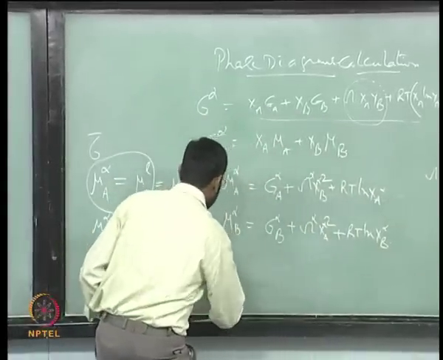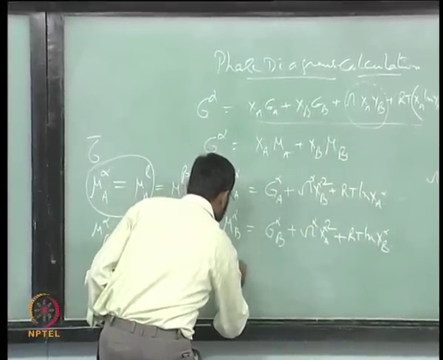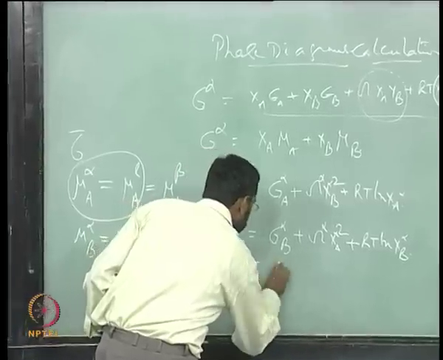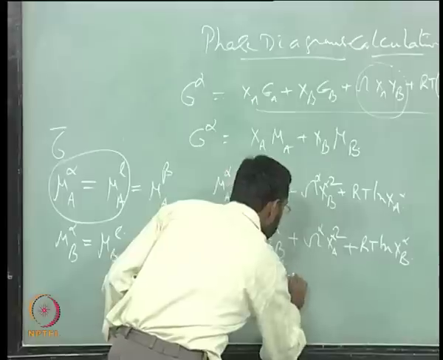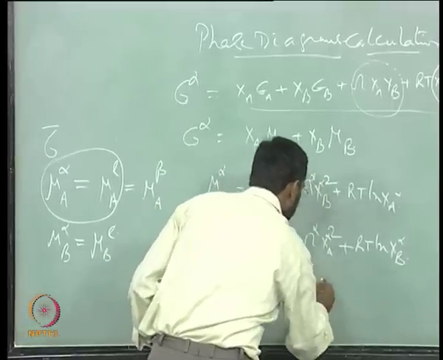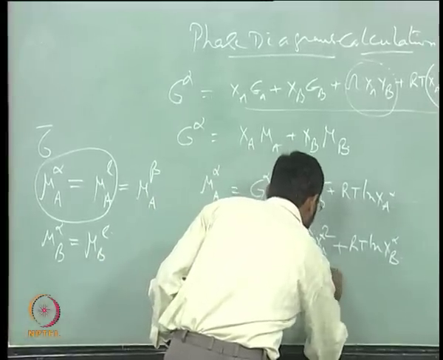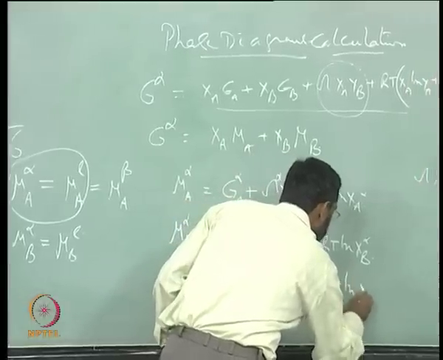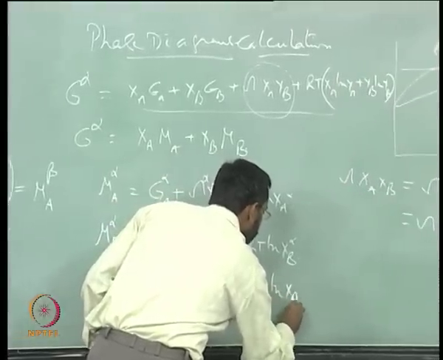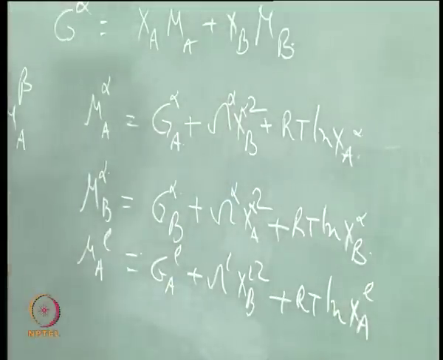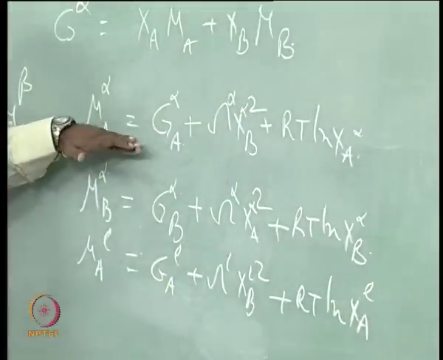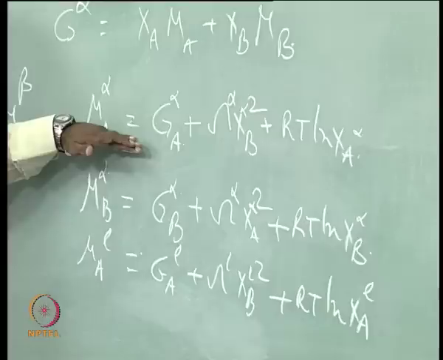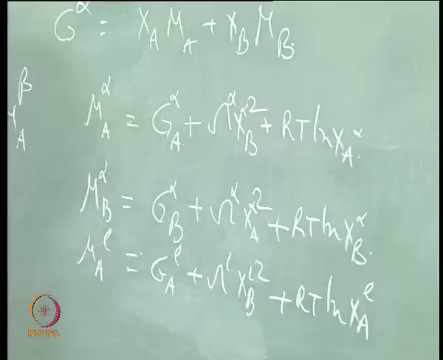For example, if I simply say mu A liquid is equal to GA liquid plus omega liquid into XB square liquid plus RT ln XA liquid. Once we equate this to this, what are the things that I need to know? What is it that I want to actually find out?